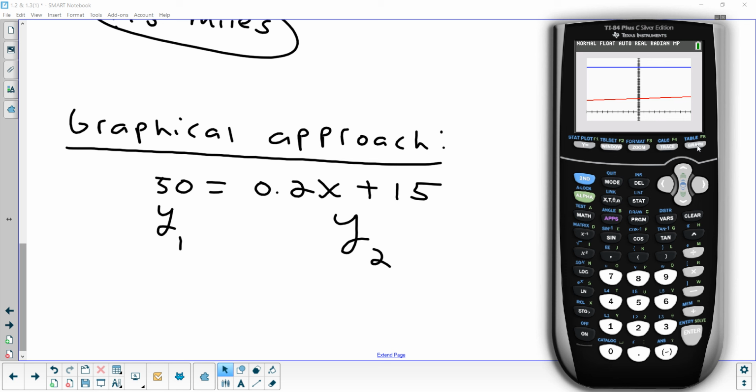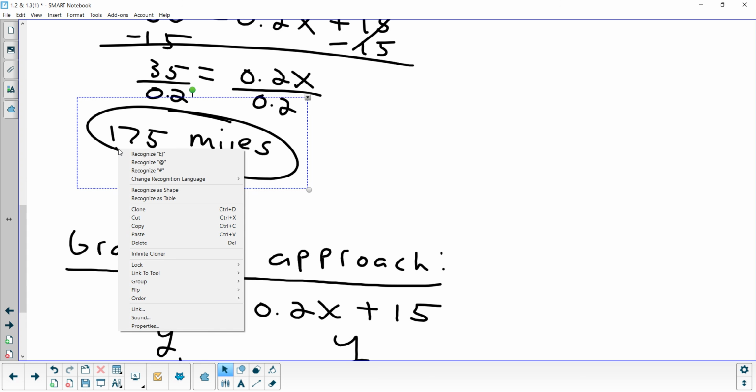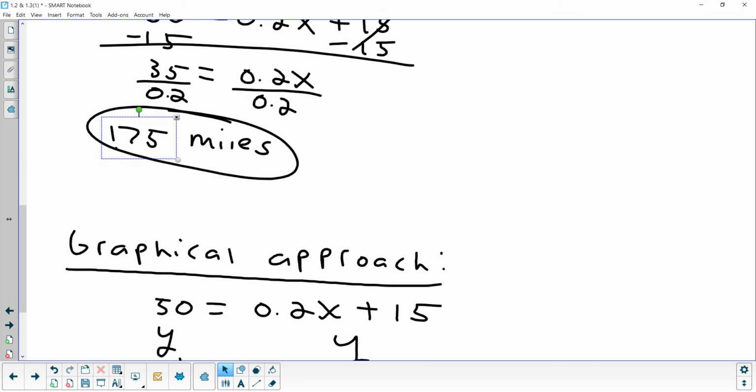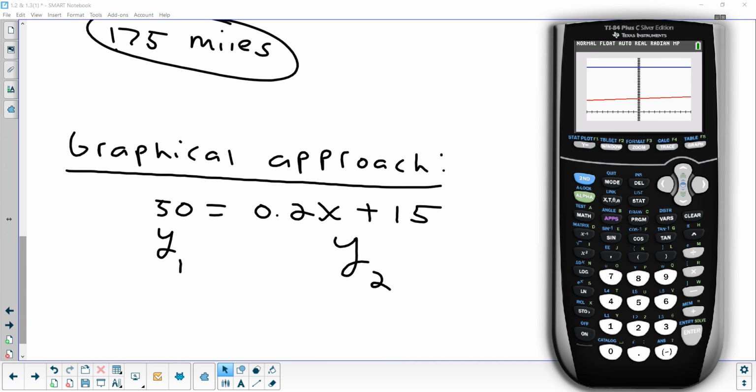But can I see where they cross? No, it's further off the screen. I already know where they cross, when x is 175. Normally I wouldn't know that. So what I would do is say, okay, I need to look further to the right, because they're going to cross somewhere off the screen.